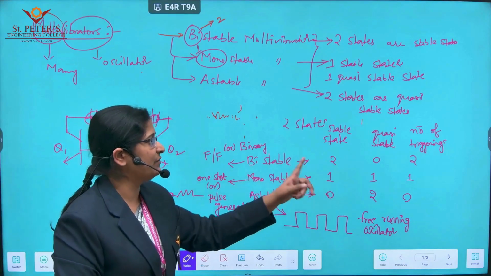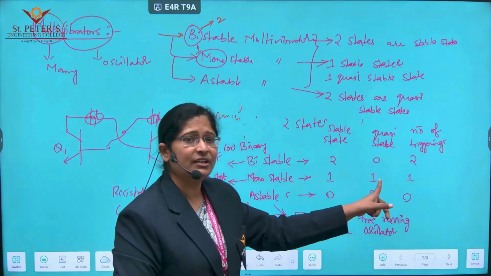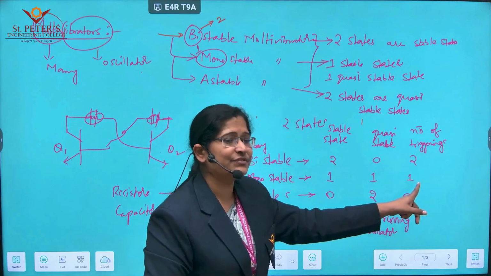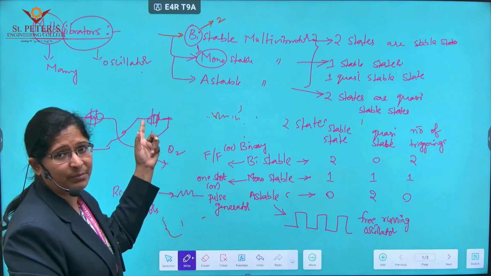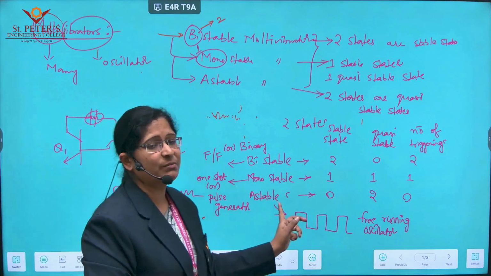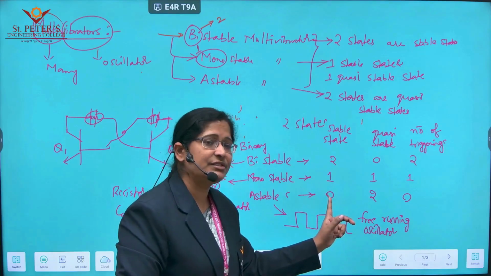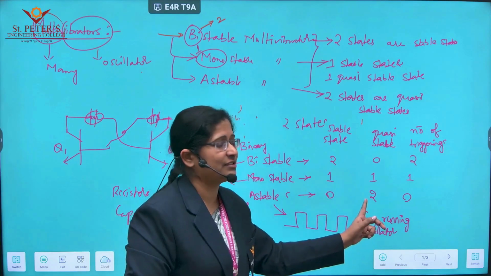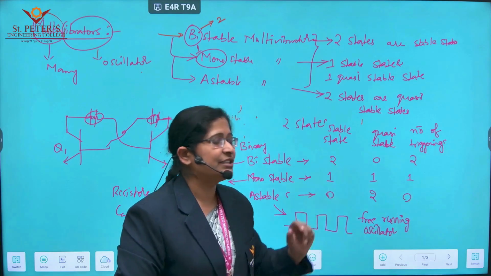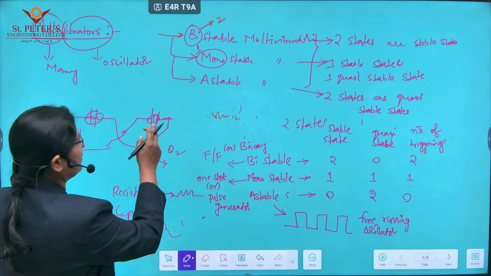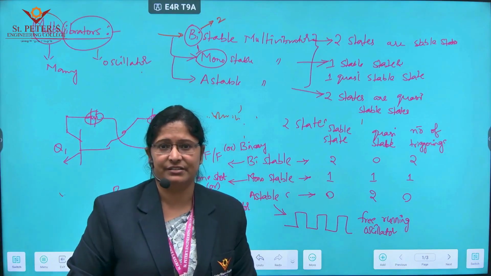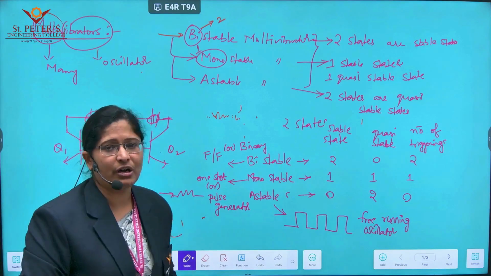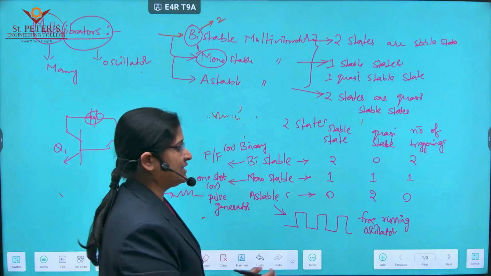The monostable has one stable state, one quasi-stable state, one triggering required, and one coupling element is a resistor while the other is a capacitor. The astable multivibrator has zero stable states, two quasi-stable states, and zero triggerings required, and both coupling elements are capacitors. This is a brief overview of the multivibrator classification.